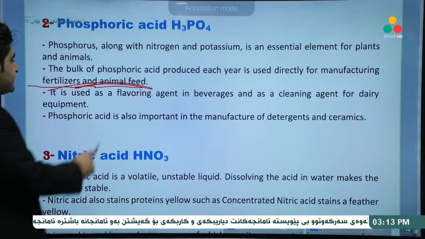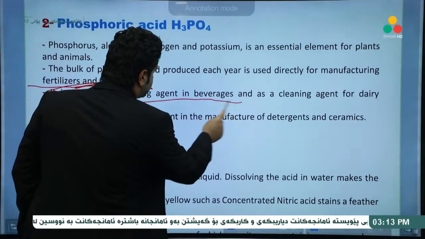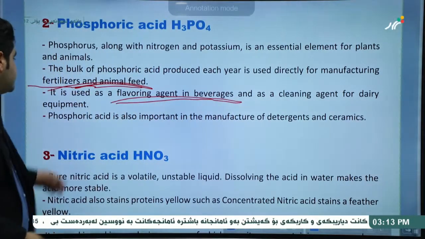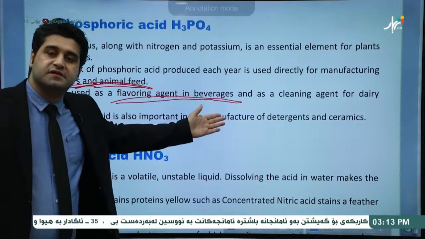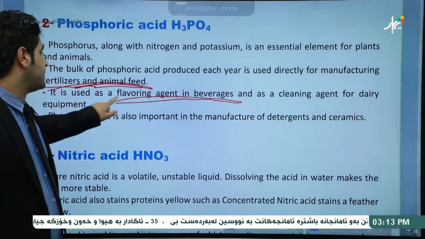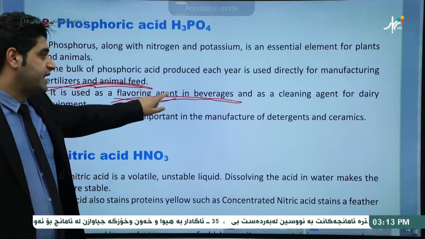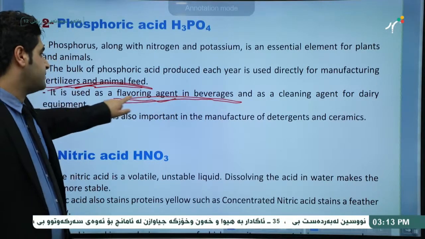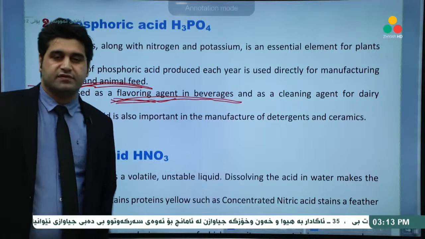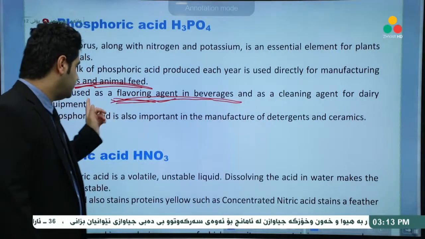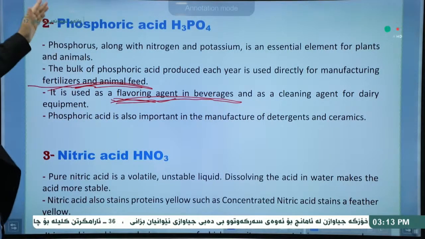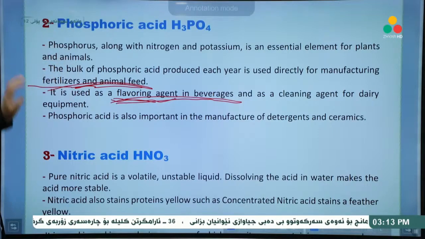It is also used as a flavoring agent in the beverage industry. So what kind of acid can be used as a flavoring agent in beverage making? Phosphoric acid.